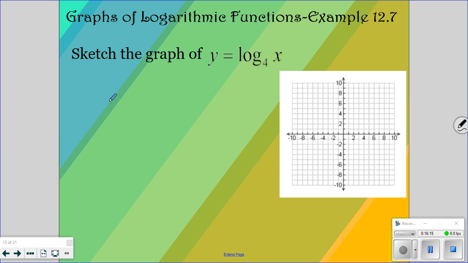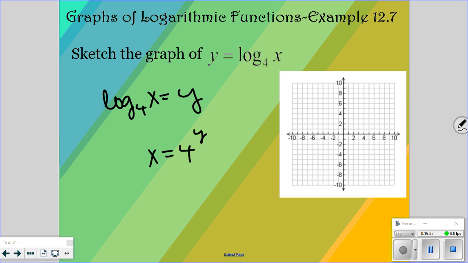So what we need to do is put this into exponential. And so some of y'all need it written in this form to be able to do that. Hopefully eventually you'll get to where you can do it when it's written in that form too. But x stays where it is, and the 4 comes over and pushes the y up. So that's it in exponential form.